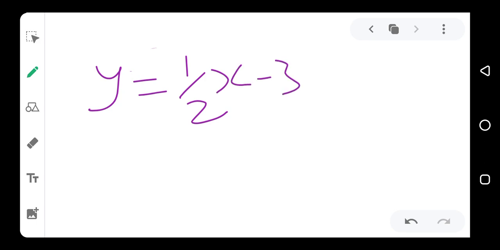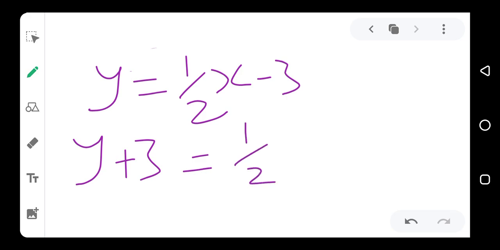Now it means that, let me first of all take this minus 3 to this side. It becomes y plus 3 is equal to 1 over 2x.